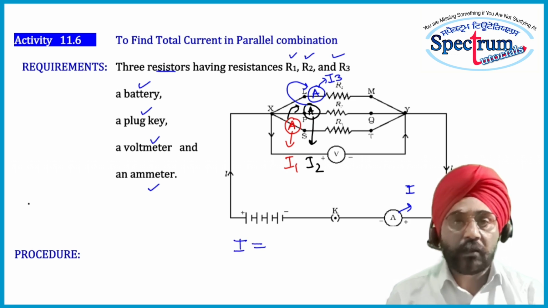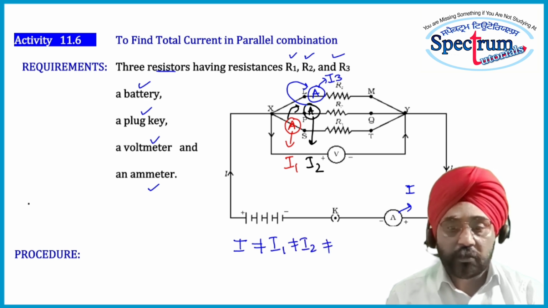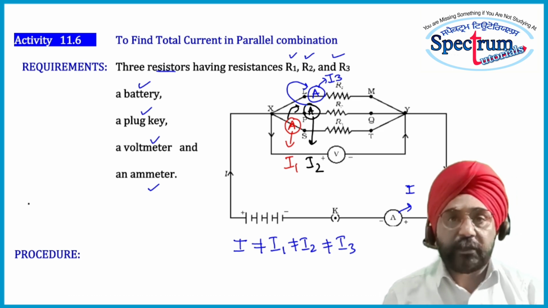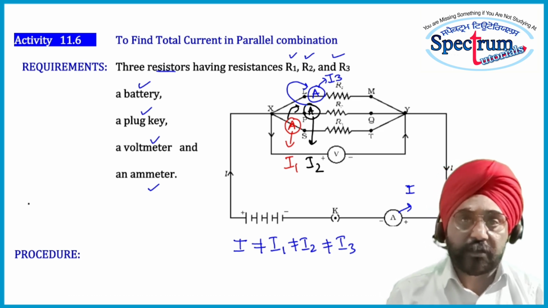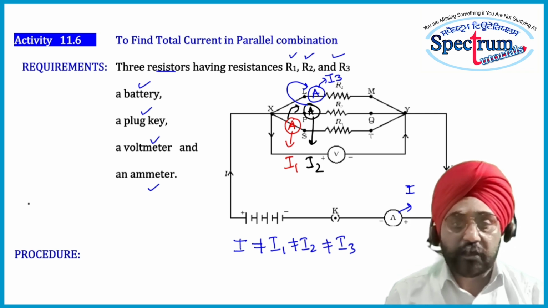We observe I is not equal to I1 is not equal to I2 is not equal to I3. The readings at various positions of ammeter are not the same. It means the current does not remain the same throughout the circuit.